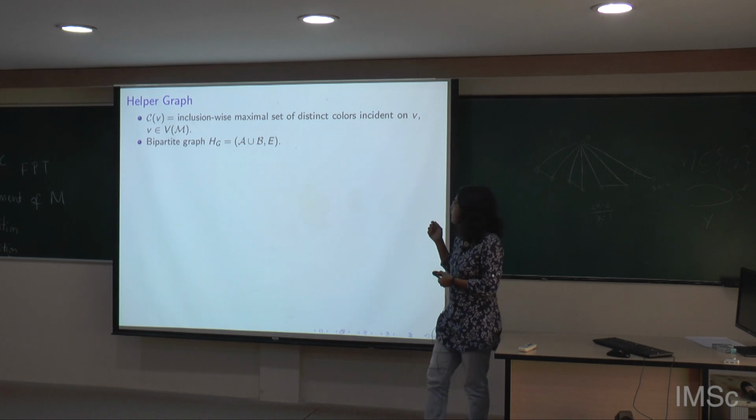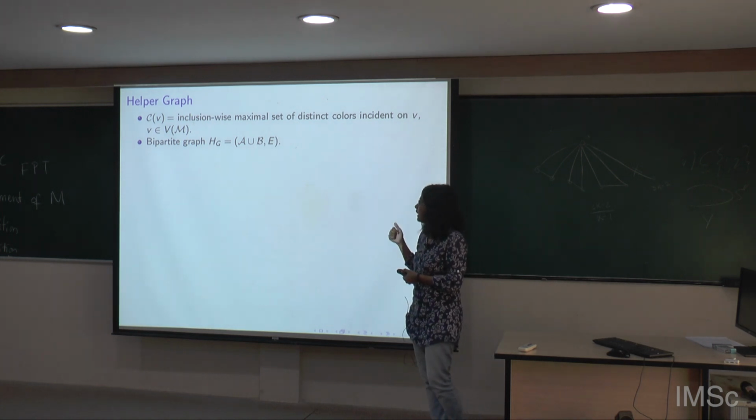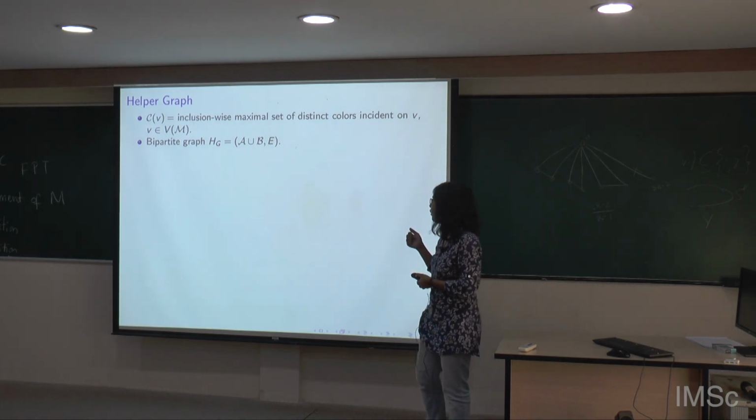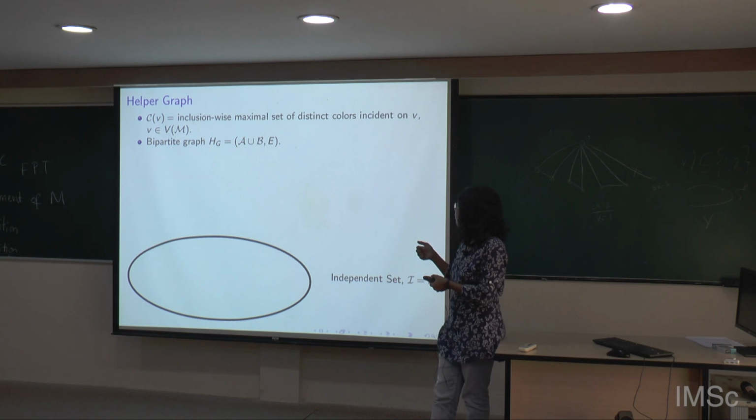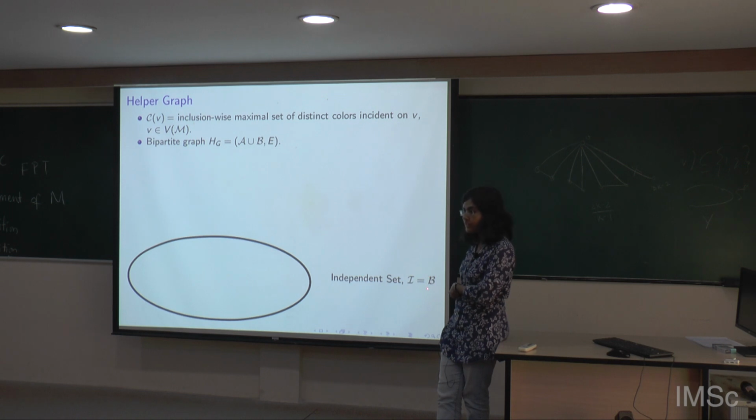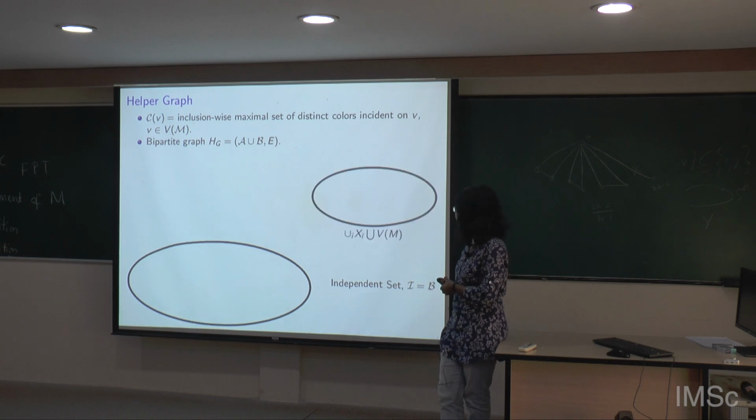Now we'll construct this helper graph as follows. We had these two sets. I keep this independent set as one partition, which is exactly B, and I will construct the set A as follows.